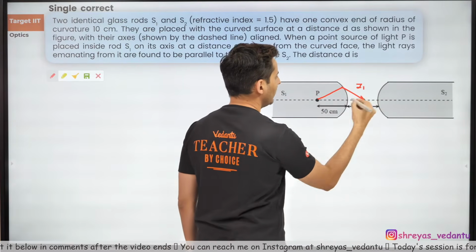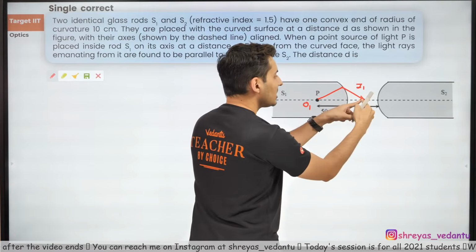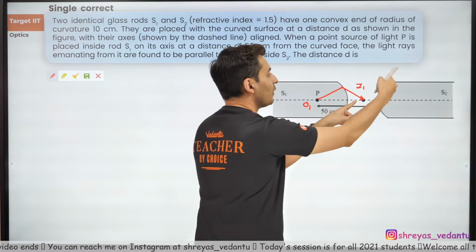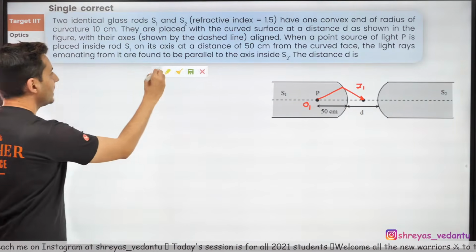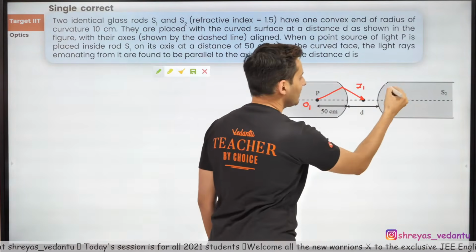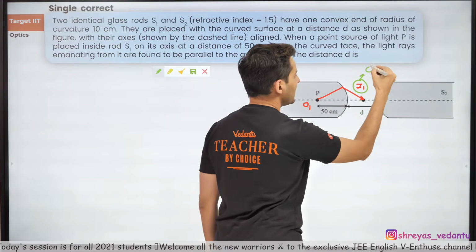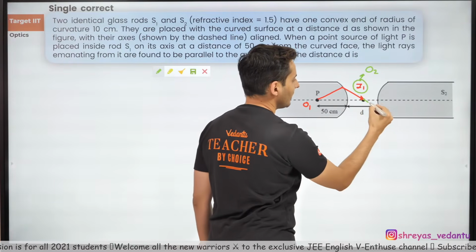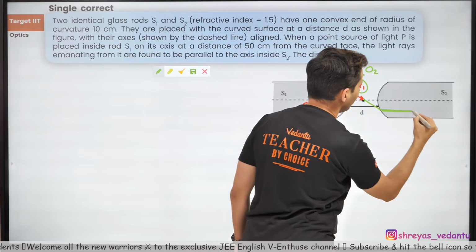This is image 1. This is object 1. This image will be the object for this curved surface. Think about it. This I1 will become the object for the next surface. The rays will continue. It will refract, and then it will become parallel.